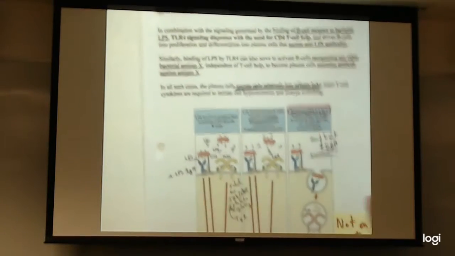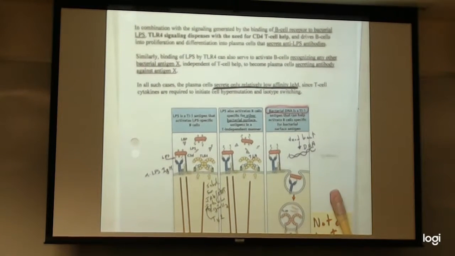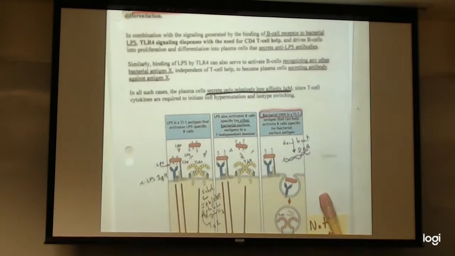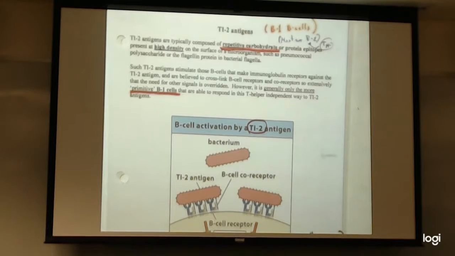So lipopolysaccharide and bacterial DNA are antigens so potent that we can bypass CD4 T cell help. These are the TI1 antigens, and now the TI2 antigens.